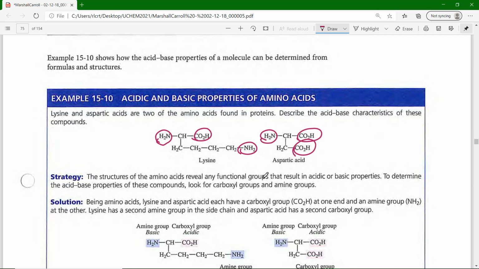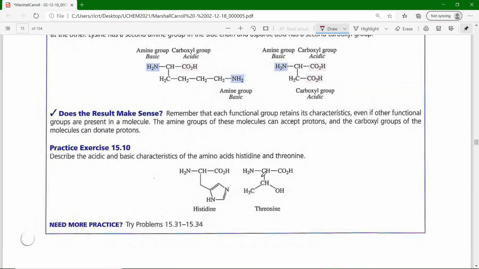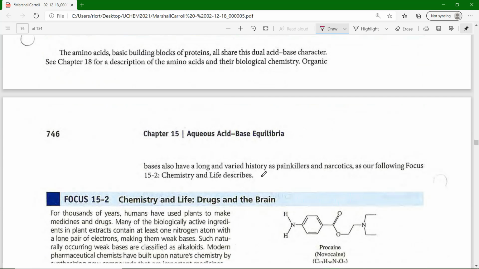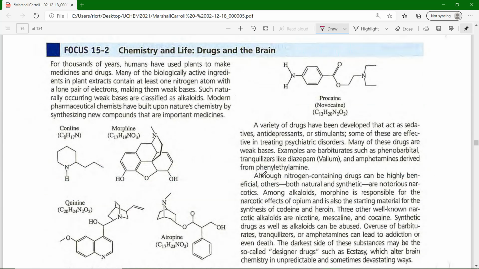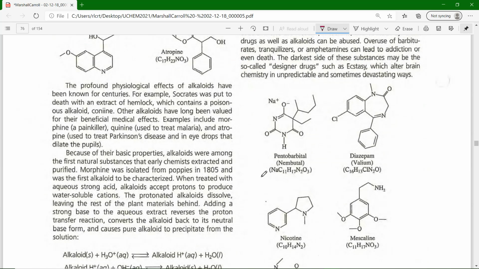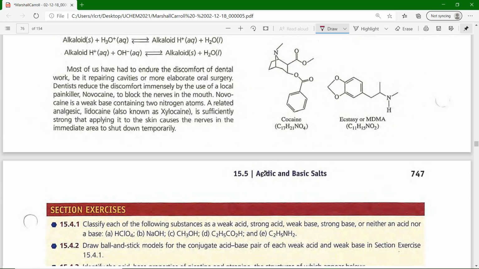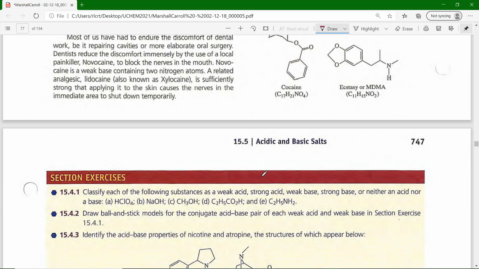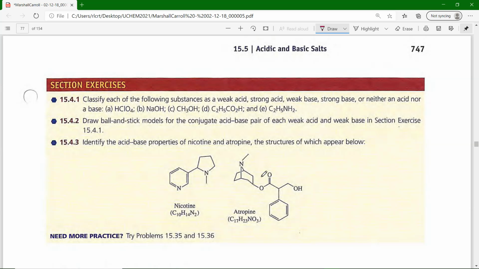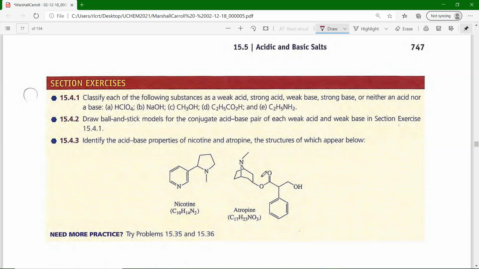So amino acids can behave as acids or as bases depending on what they react with. And then there are some other weirder things too. Some of these have been used in painkillers, as we see here. Morphine is listed, diazepam, all sorts of other amines and derivatives of them, and then you can try those on yourself.